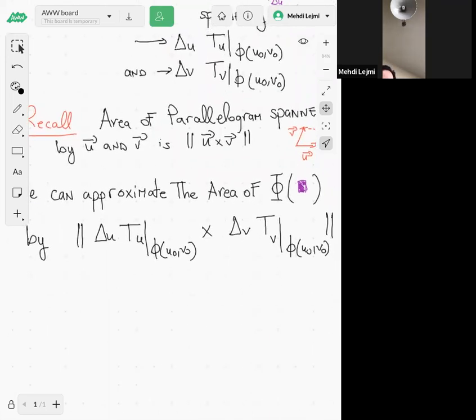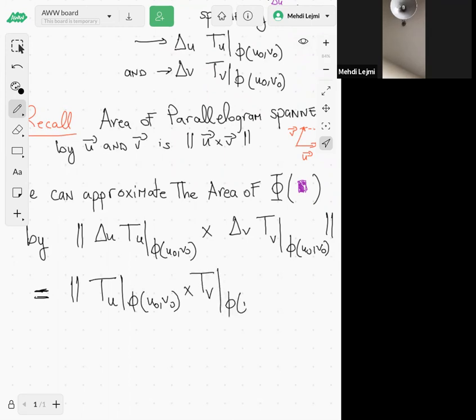So I can pull them out. So this is just equal to the magnitude of the cross product of tu with tv, and you can put the delta u, delta v here, because they're just numbers.